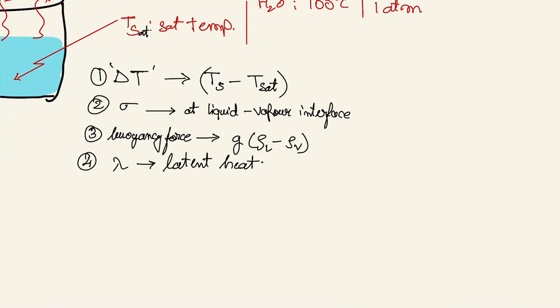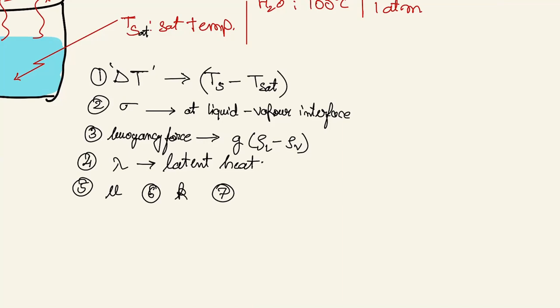Now some more parameters always play a role because it's convective heat transfer. So we have already seen viscosity; these are now the rest of the parameters that I'm writing. We have already discussed them in our lectures on convective heat transfer, and hence I'm straight away writing them.